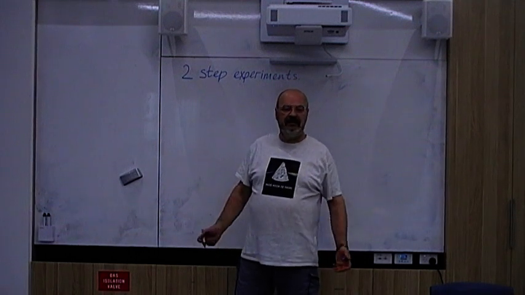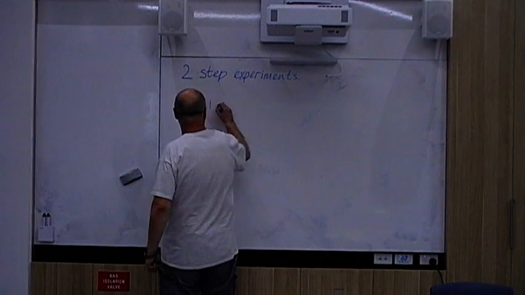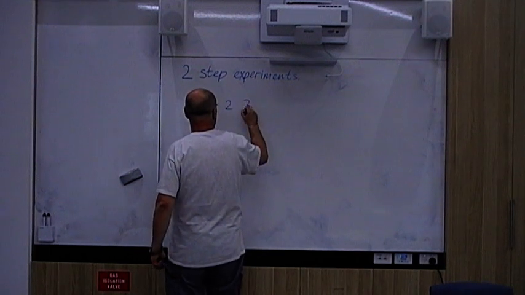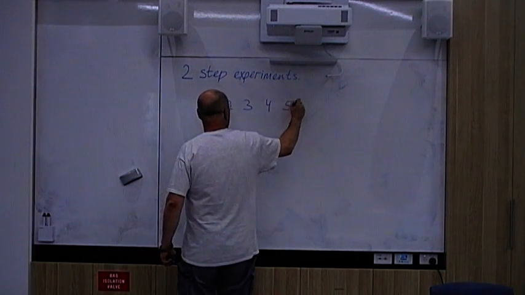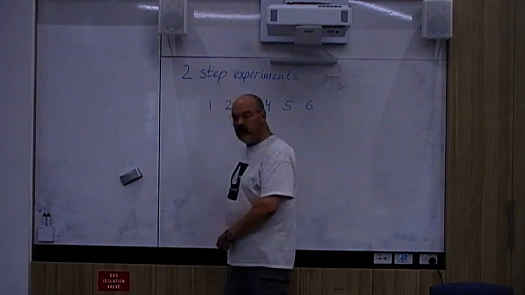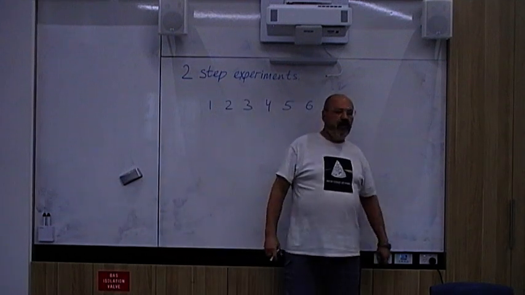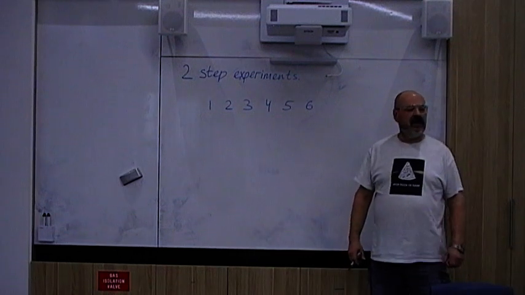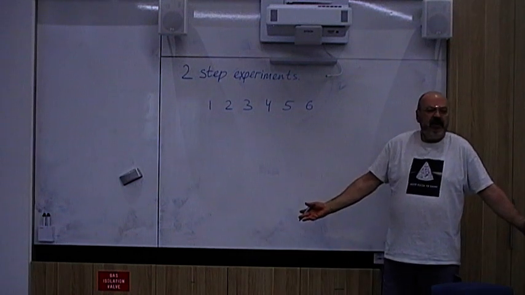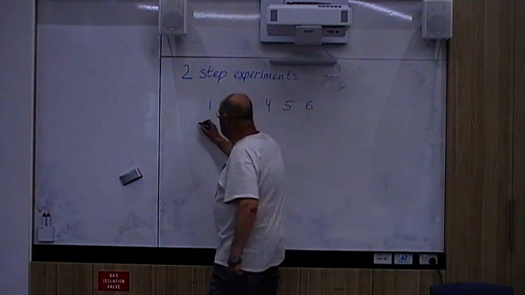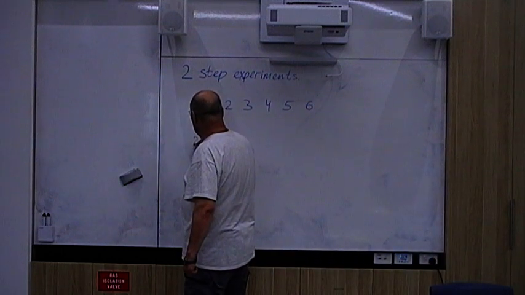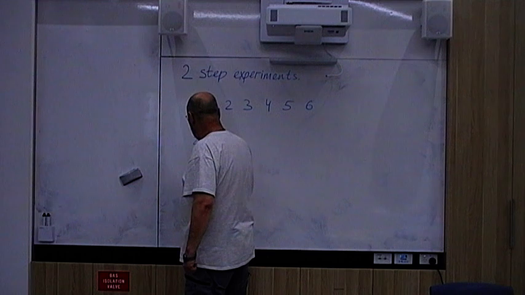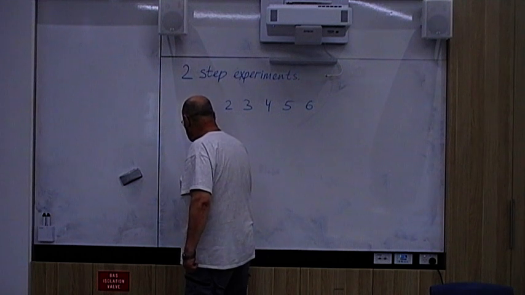Yes, we can get 1, 2, 3, 4, 5, 6. What results can we get on the second die? Same. Exactly the same die, same results. We write them here: 1, 2, 3, 4, 5, 6.